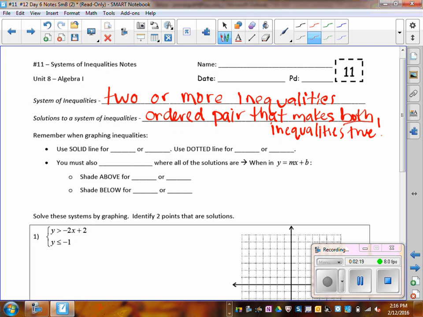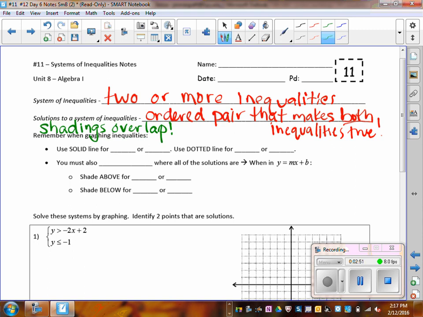It has to make both true. And like we said, when we're graphing this, for equations, the answer is where they intersect. Well, with inequality, since we have to shade, our answer is going to be where the shadings overlap, where the shadings intersect. So go ahead and write that in underneath it. Shadings overlap. That's going to be our area that has the solutions.